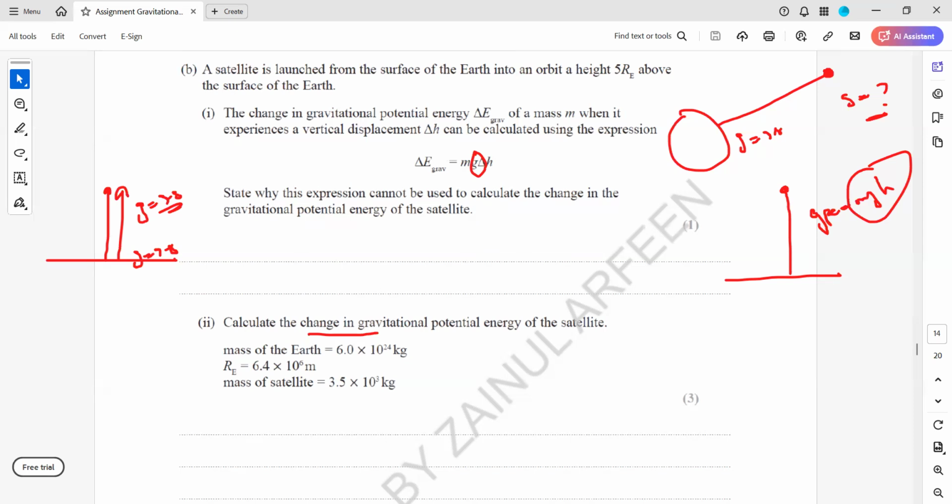For satellites, the potential at a certain point is given by a formula, GM over R. We need the change in gravitational potential energy. This is how we get the potential, and if we need the potential energy, we just multiply by the mass.